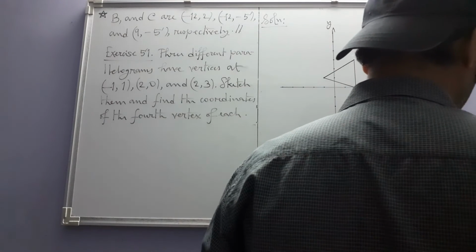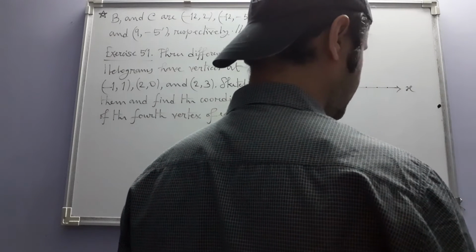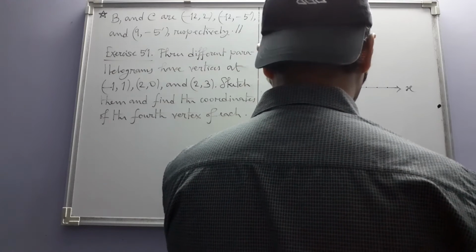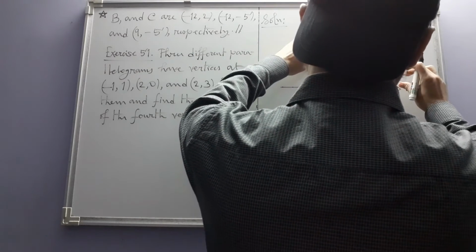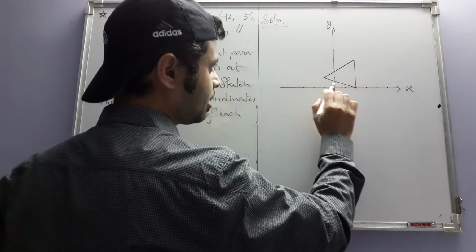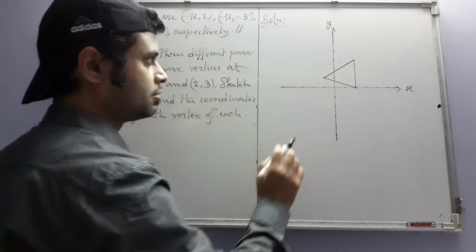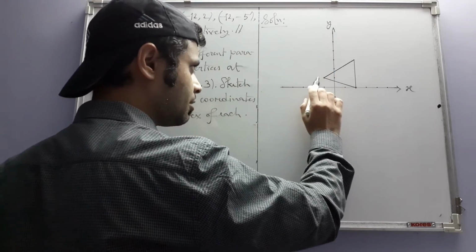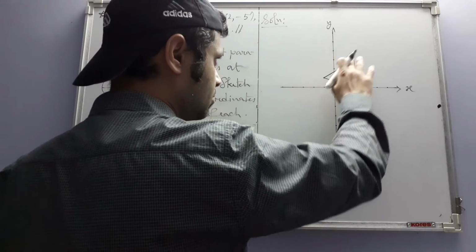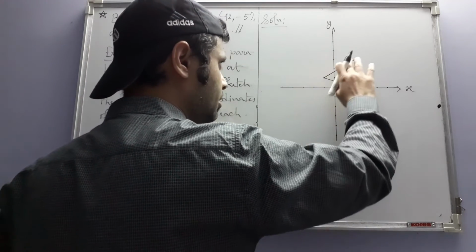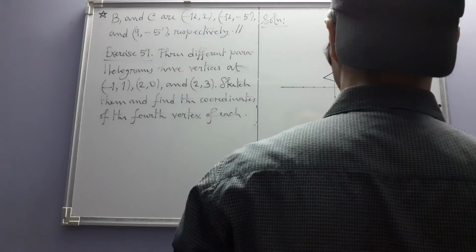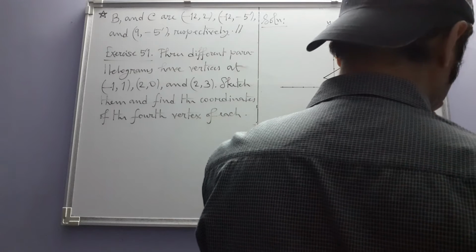So if you draw, I mean, you can understand that you can have one parallelogram like this, you can have another parallelogram like this. So that way you try to think of the three vertices. You can have another parallelogram like this. So if you draw all the things, ultimately you will get a thing like this.